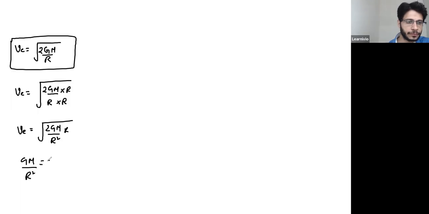This is the g. So the relation of escape velocity comes out to be root 2gR.